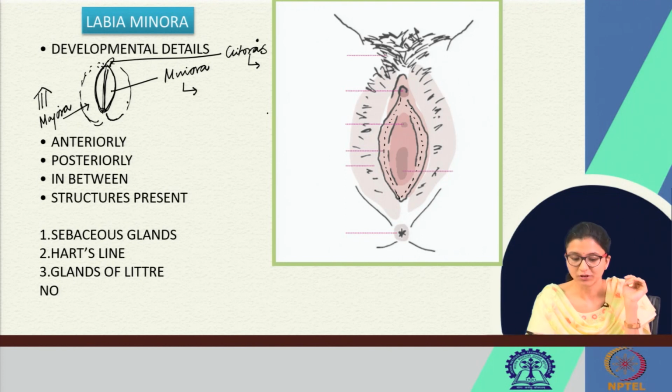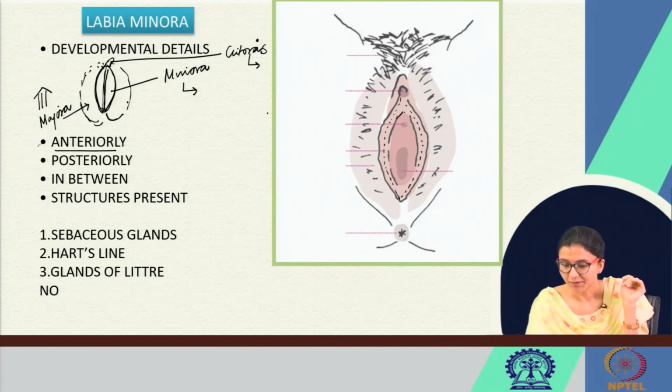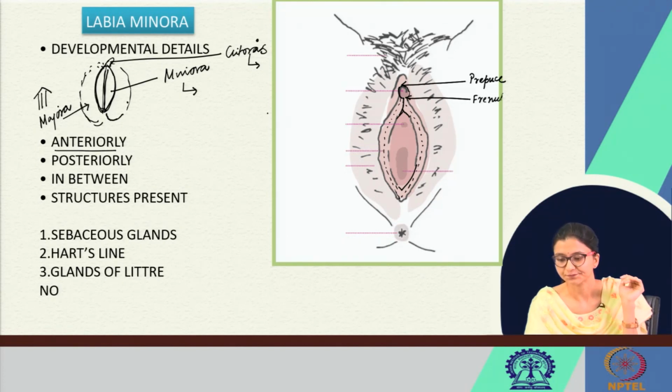Next, the anatomy of labia minora anteriorly. Anteriorly the labia minora covers the clitoris, and this anterior part is known as the prepuce, and the posterior layer covering the clitoris is known as the frenulum.